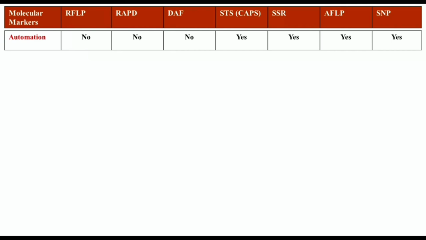So then comes automation. Automation is good in case of SNP, SSR and AFLP. So 4 fall into this category, that is STS, CAPS, SSR, AFLP and SNP, and the rest of the 3 fall into another category.